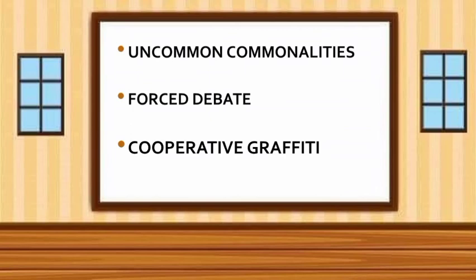Forced debate. This strategy requires students to use their communication skills to work within a group. For example, the teacher writes a proposition on the front board such as, should there be a vending machine in the school cafeteria? Then the students who agree move to one side of the classroom, and the students who disagree move to the other side.